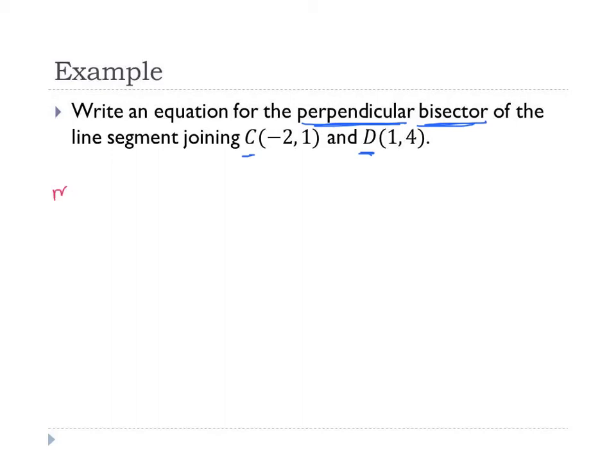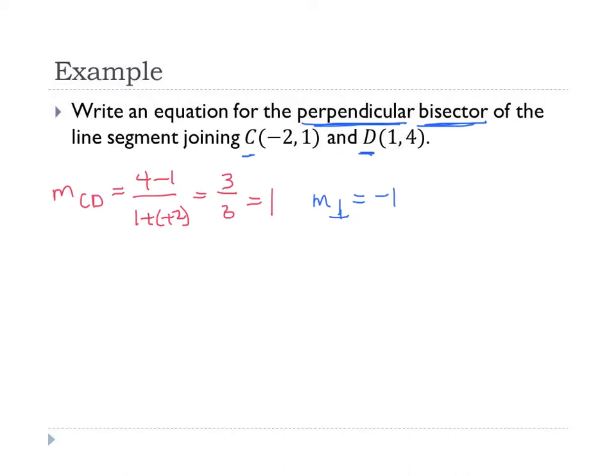Let's find the slope going through CD, and so remembering slope is y2 minus y1 over x2 minus x1, we have 3 over 3, which is 1, and so our perpendicular slope, remember upside down t there is the symbol for perpendicular, opposite reciprocal of 1 would be negative 1.